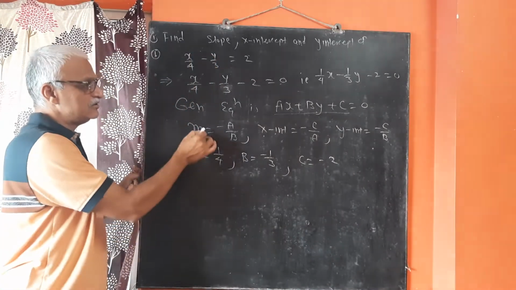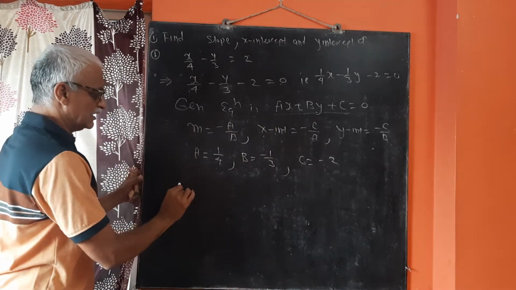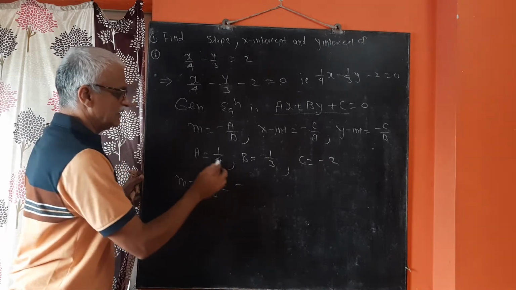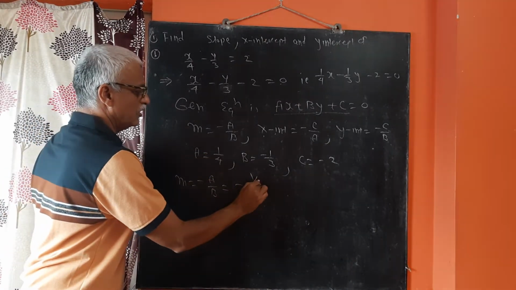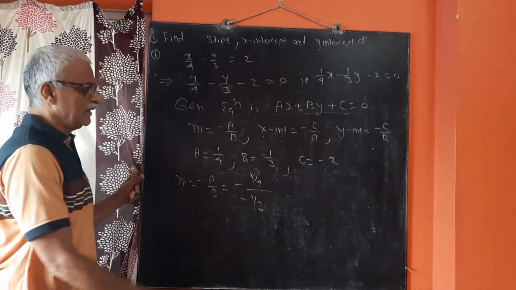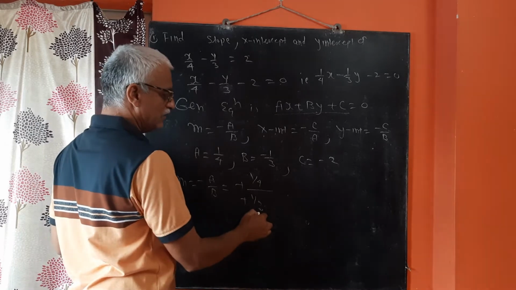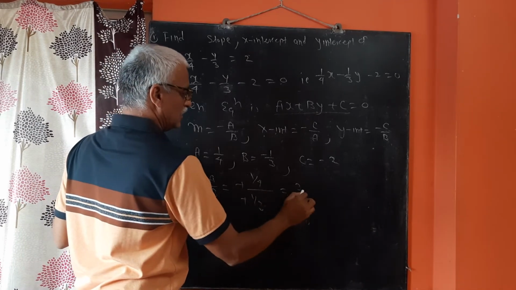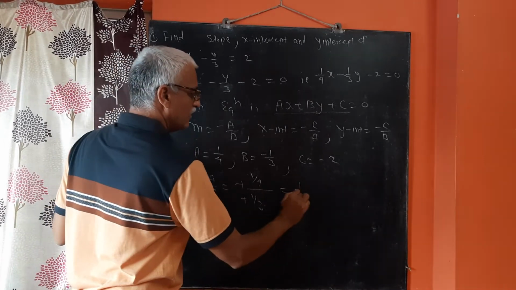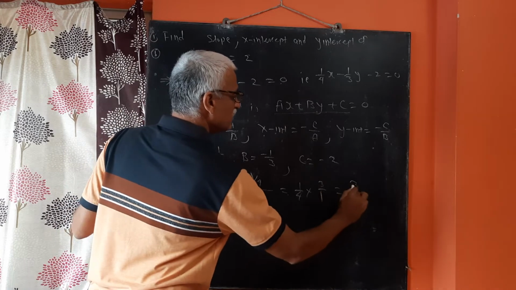Now substituting all these values in this m, x intercept and y intercept, we get m equals to minus a upon b, that is equals to minus a is 1 by 4, 1 upon 4 divided by b is minus 1 by 3, minus minus gets cancelled, 1 by 4 divided by 1 by 3, that will be 3 by 4, or in simplification 1 by 4 into 3 by 1, that means equals to 3 upon 4.